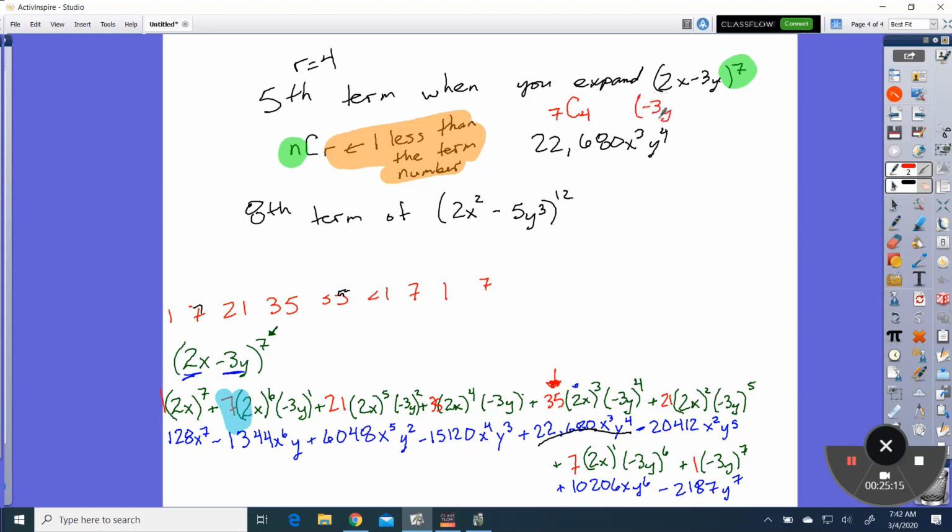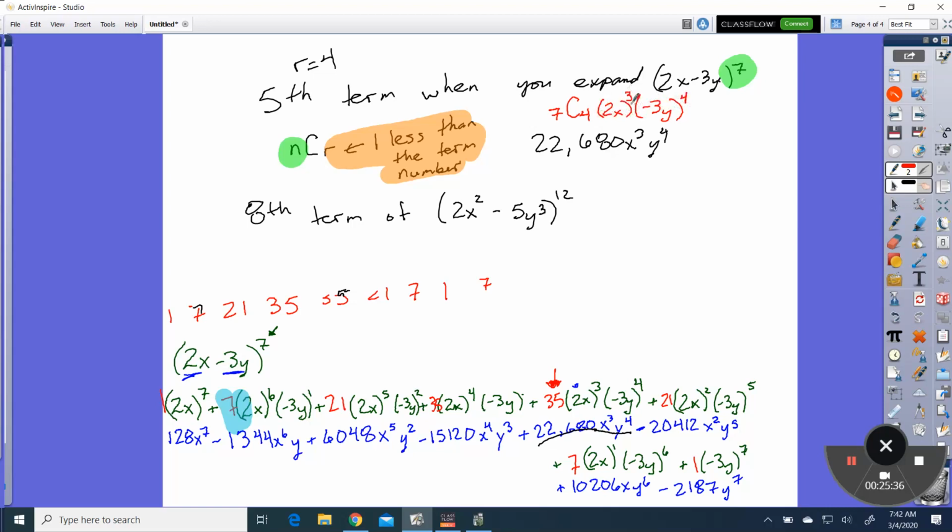So negative 3y is going to be to the 4th. And what do these two powers have to add up to be? The power on the 2x and the power on the y? 7.